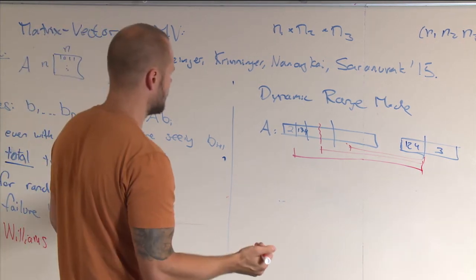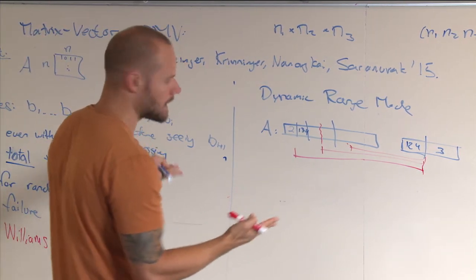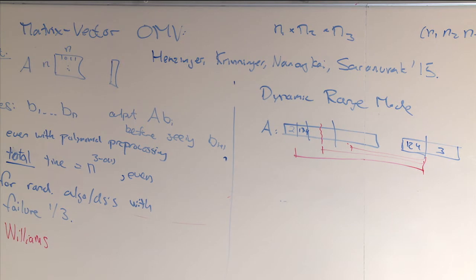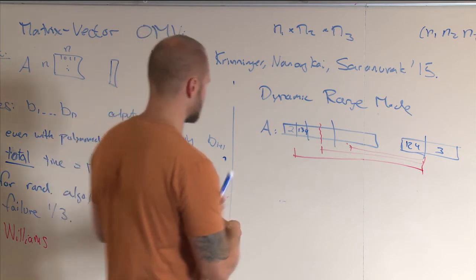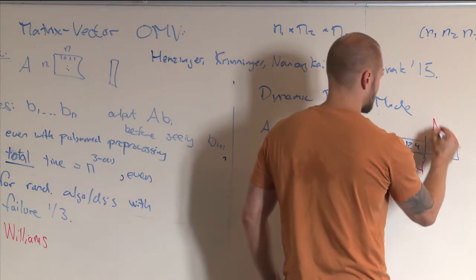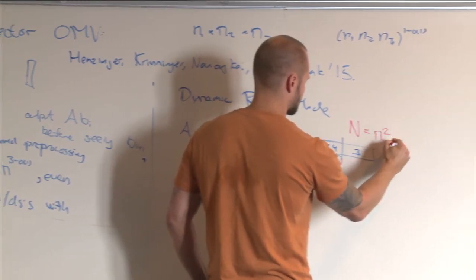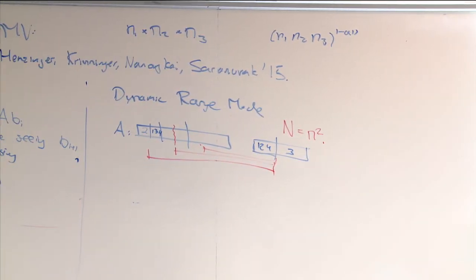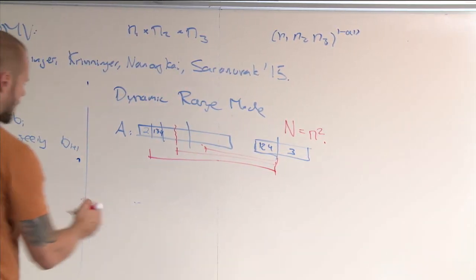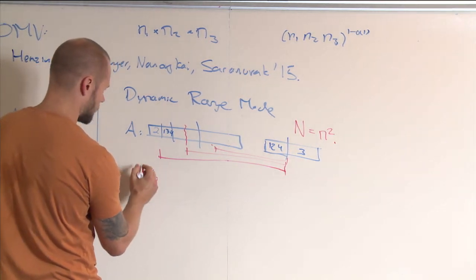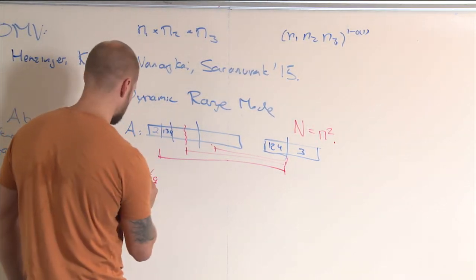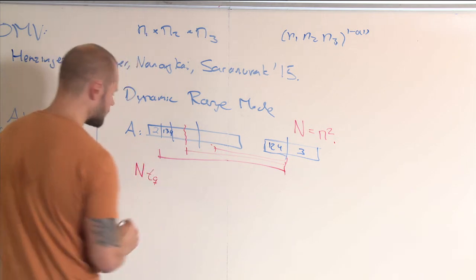So I guess this proves the same lower bound as before on the time for updates and queries. So let's say again, this is an n by n matrix. The size of this array is going to be n squared, and the number of queries you're going to ask is going to be n queries in total.